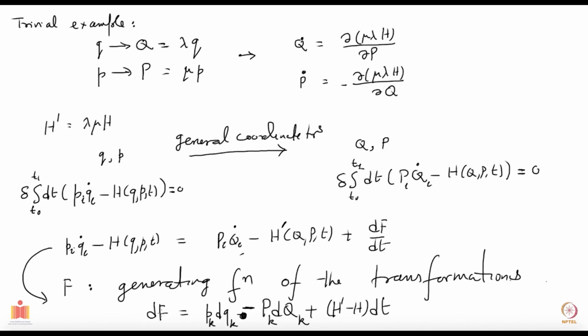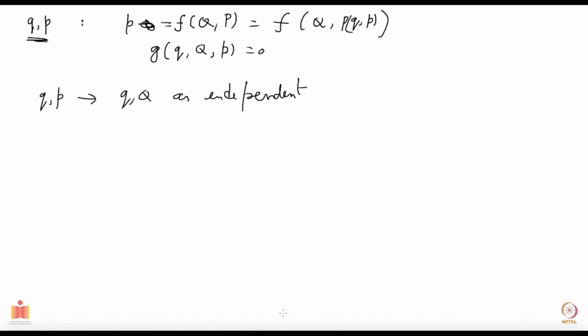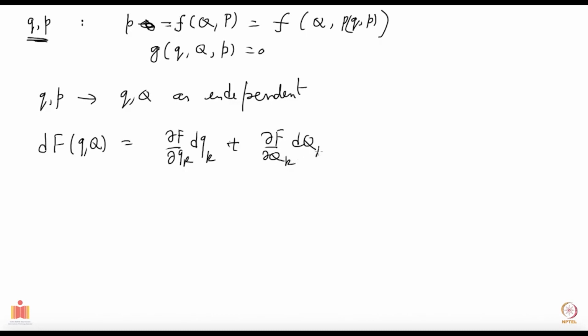So it's clear that I want to look at f as a function of small q and capital Q. So if I treat my capital F, or the generating function, as a function of small q and capital Q, then the total differential of this would be del f over del q dq plus del f over del capital Q d capital Q, plus, if there are explicit time dependencies in f, this.